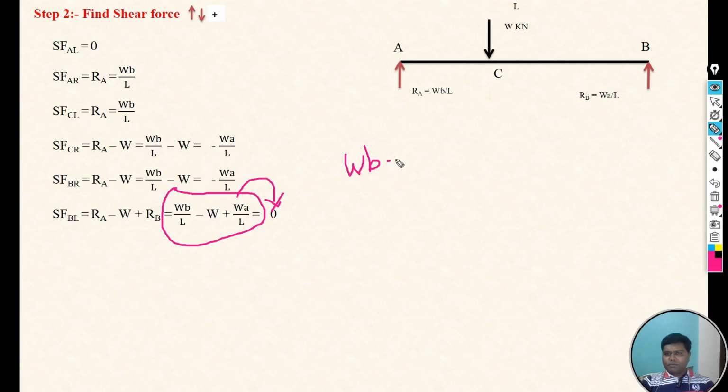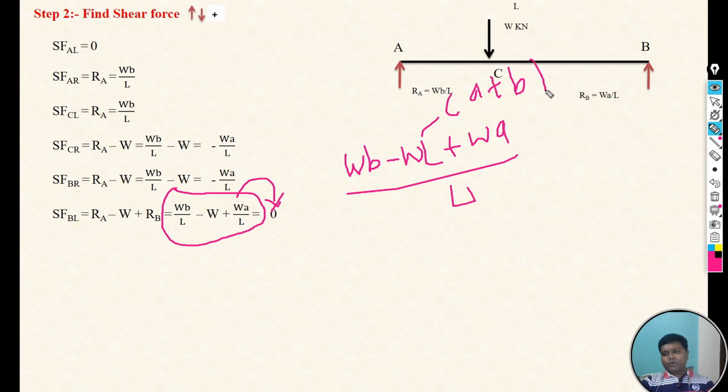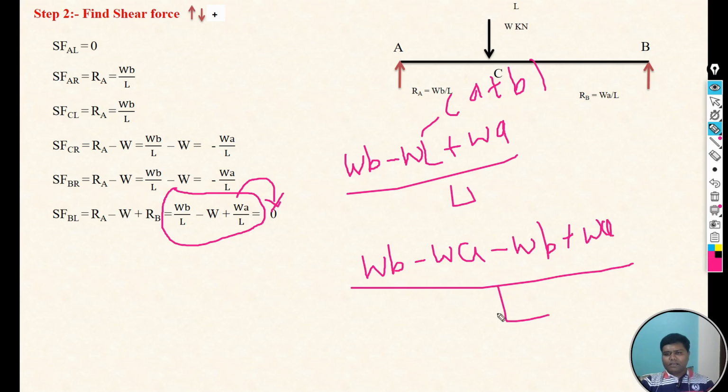That is WB, minus W into L, plus WA, whole divided by L. Again put L equals A plus B. Solving this, that will be WB minus W into A, that is WA, then minus W into B, that is minus WB, and then WA as it is, whole divided by L. So WB gets cancelled, WA gets cancelled because of plus and minus. The remaining term is 0. So the shear force at B right is 0.